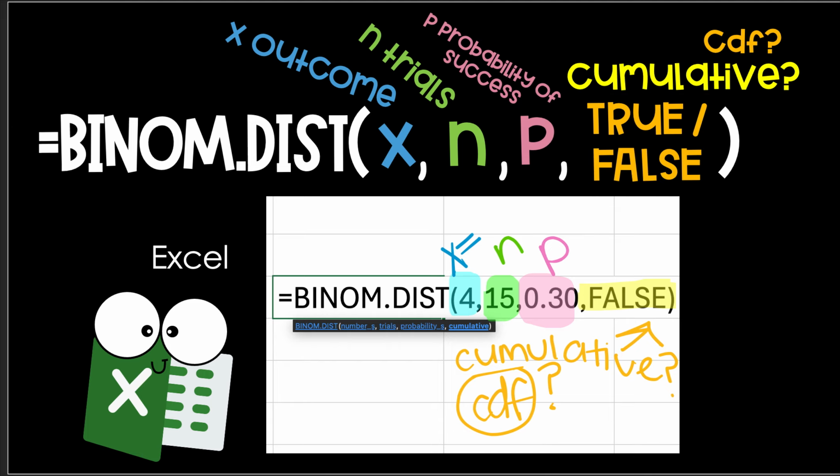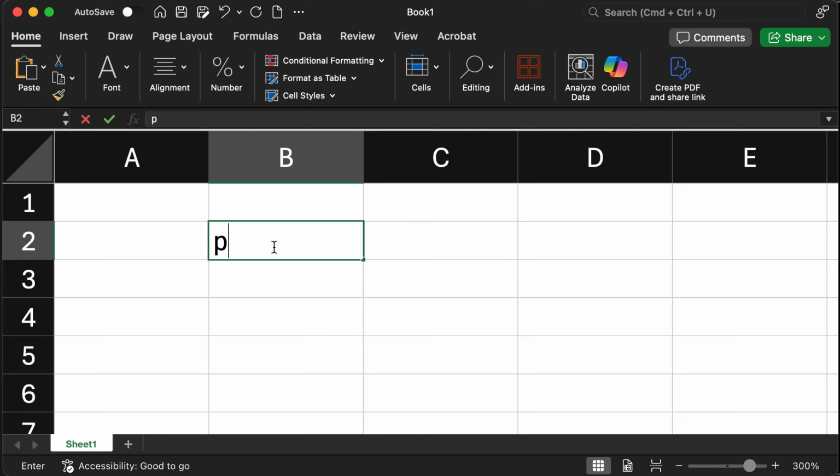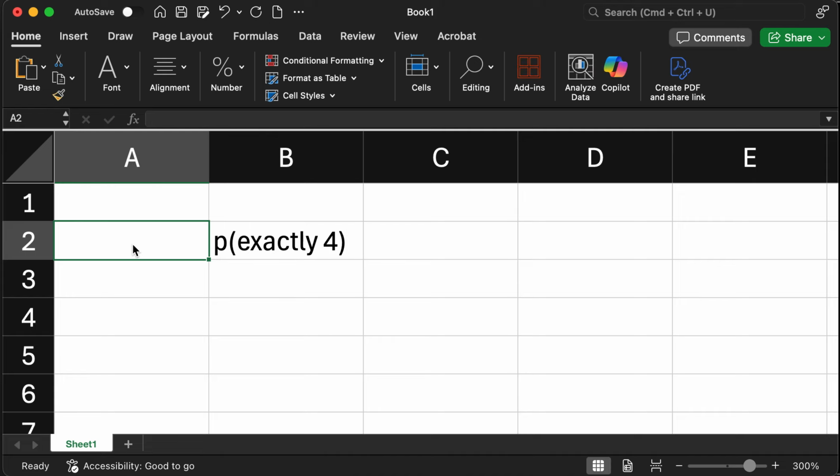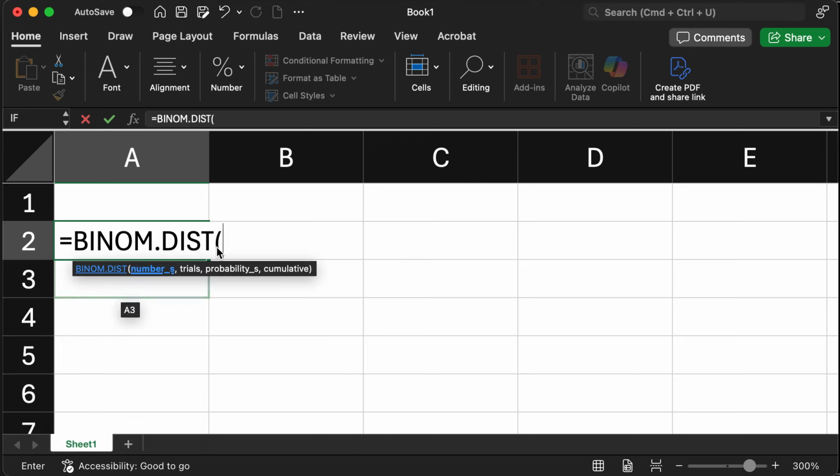So let me go to Excel. I'm going to be labeling them over here. The probability of exactly 4. As per our formula or our command, it will be equals binom distribution. Right here is this option. The first value, what's our X value that we're looking for? I want exactly 4, just 4. Number of trials, 15.